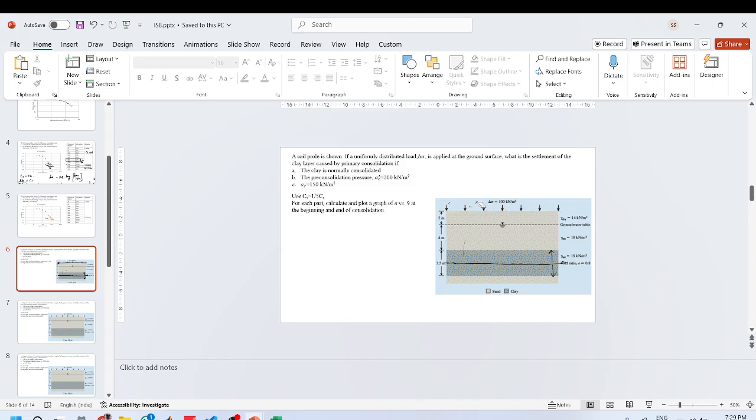Okay, this is not a foundation load. If it was a foundation load, then we would have taken a distribution like this. But because it has been mentioned that this is a load like this, it will simply be transferred like this.